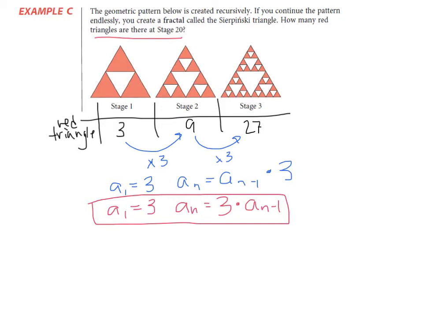Okay, so what I want you to do right now on your own is to continue our table out to the 20th stage to figure out how many triangles, red triangles, there are in that figure.